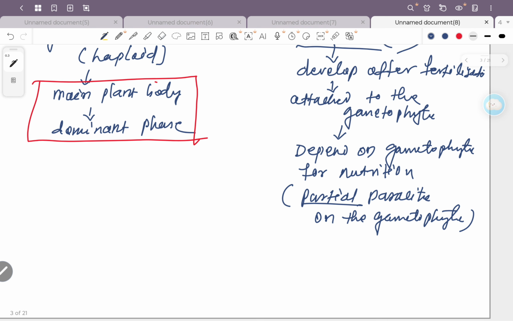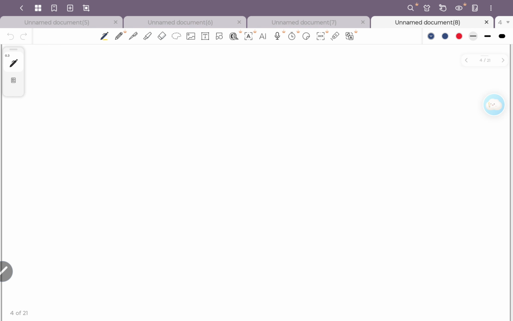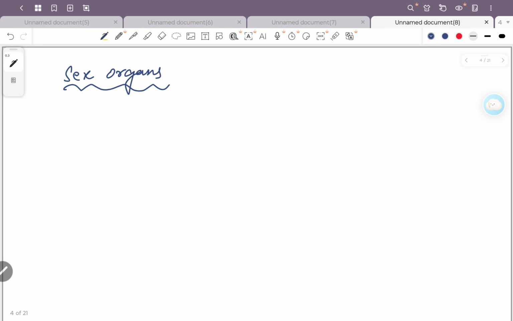Now come to the sex organs. Its life cycle is very important, children. So they have multicellular sex organs.